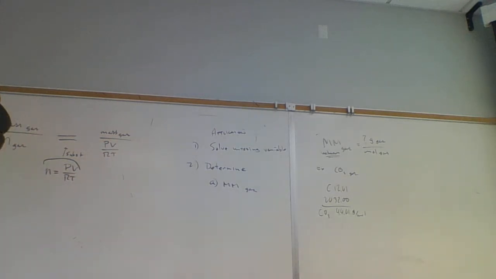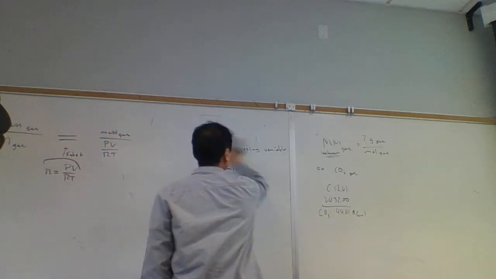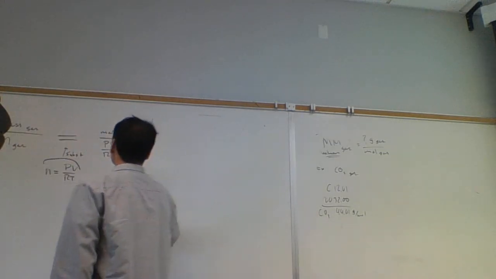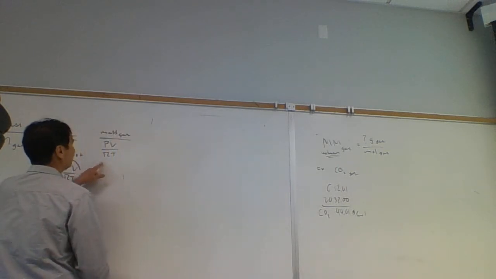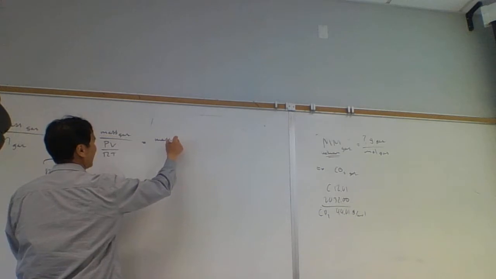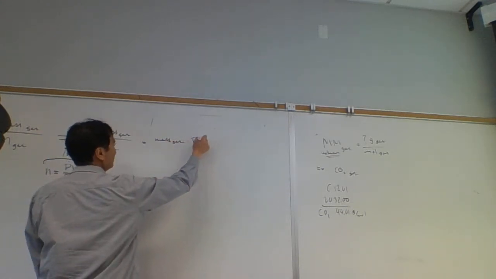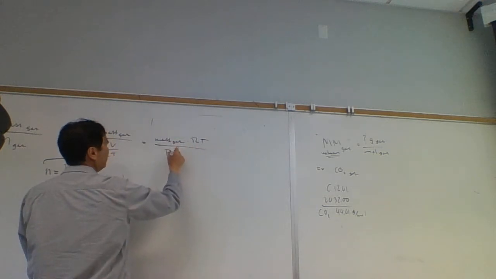And so we could solve this here. What I'm going to do is flip this over, and so this is going to equal the mass of gas times RT divided by PV.